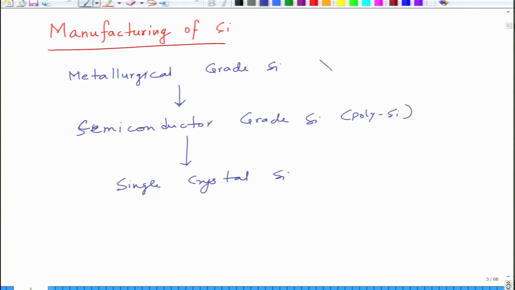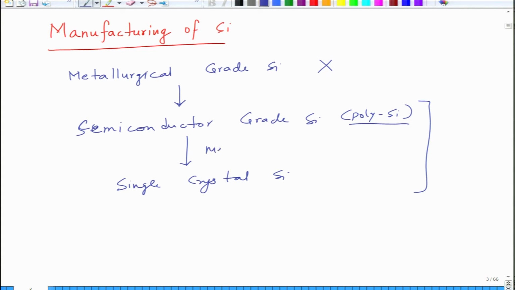We obviously cannot use metallurgical grade for semiconductors, but we can use these two for semiconductor processing. Semiconductor grade silicon, that is polycrystalline silicon, is used for polycrystalline silicon solar cells, and the single crystal silicon is used for monocrystalline silicon solar cells. There is an additional step used to convert the polycrystalline into single crystal silicon, which basically involves melting followed by resolidification to make single crystals.